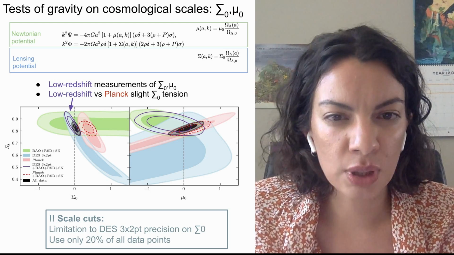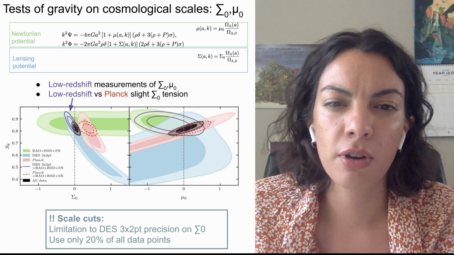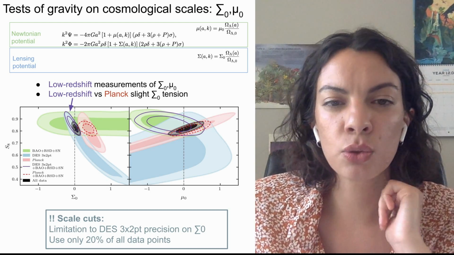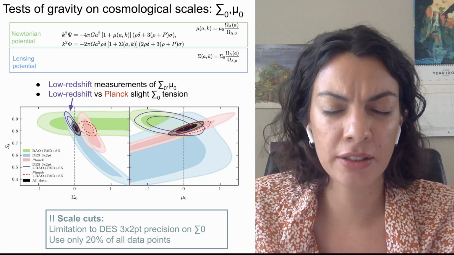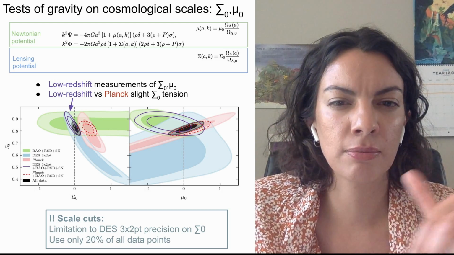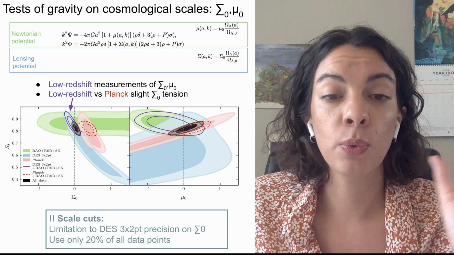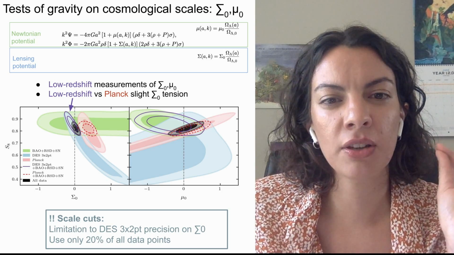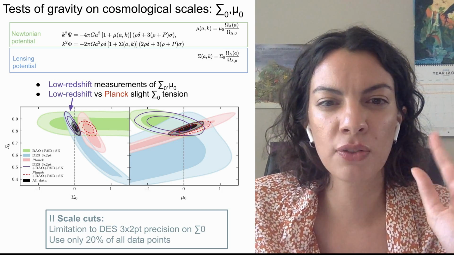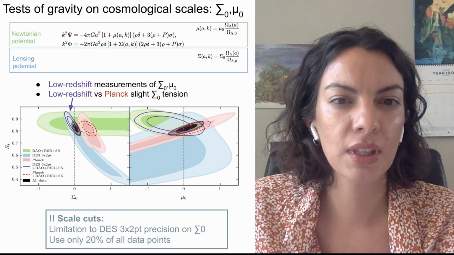Those functions depend on time and scale, but we decided to just consider a time dependence as omega lambda. And what we want to measure is sigma naught and mu naught, so the values of sigma and mu today.